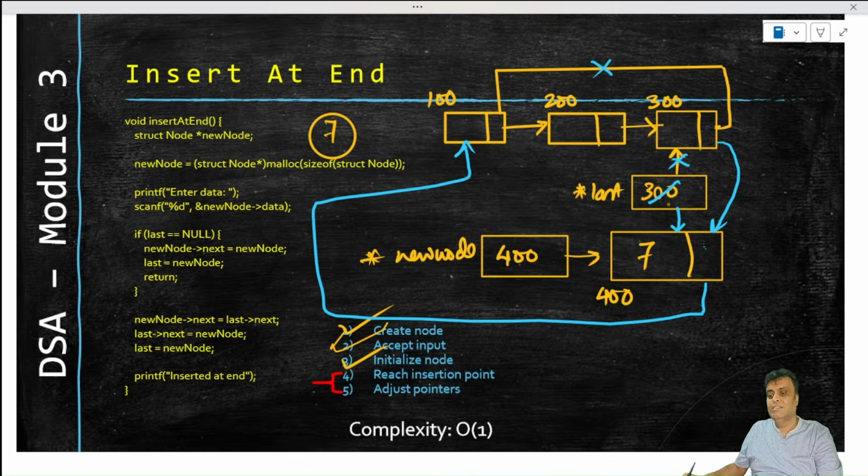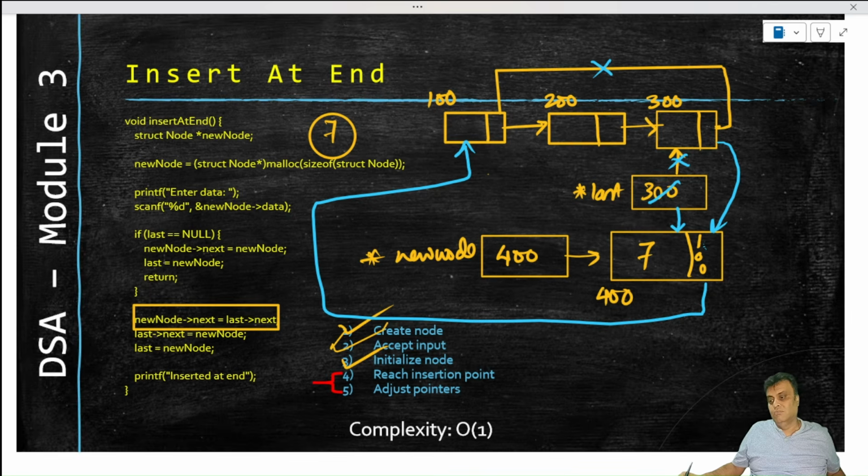So last next is pointing to the first. That's what we wanted. So we want this to be equal to 100. So our new node next should be equal to last next because last is at 300. 300's next, or last's next, is already pointing to 100. So we are saying we will take that 100 from you. So now we start pointing there.